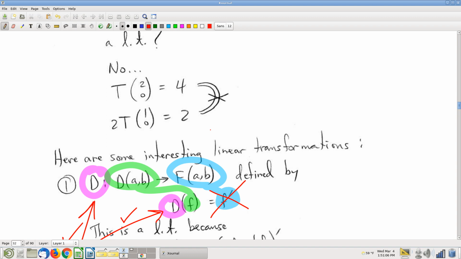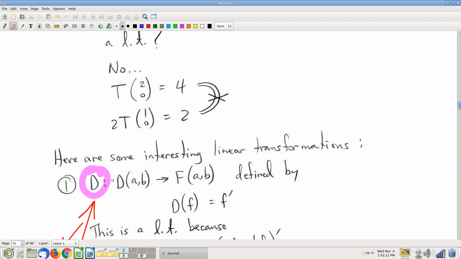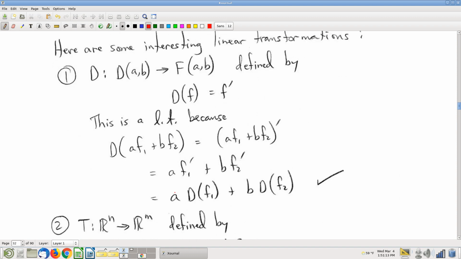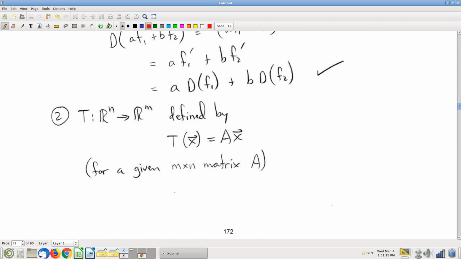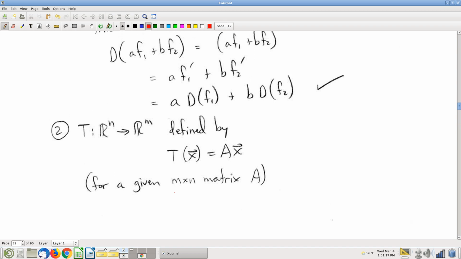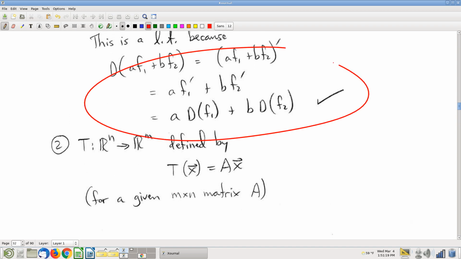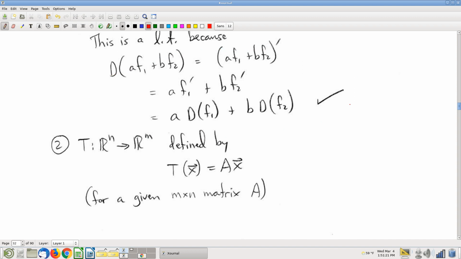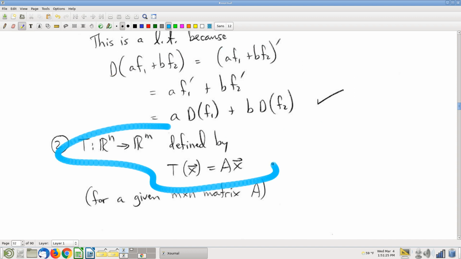Okay. All right. There's loads of other examples that I'm going to show you here. This next one, I'm going to leave the actual demonstration as an exercise. It's a lot like this argument that we just made. So here is the result, though. This function here, our old friend from Chapter 1, reinterpreting a matrix as a function.